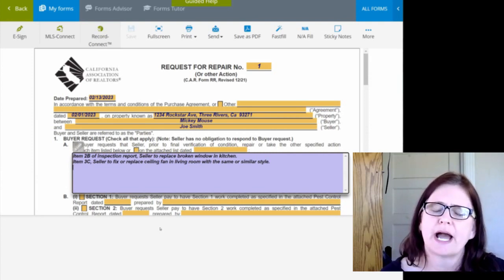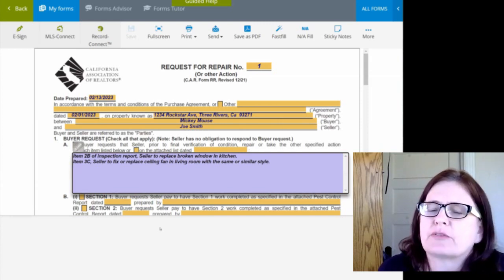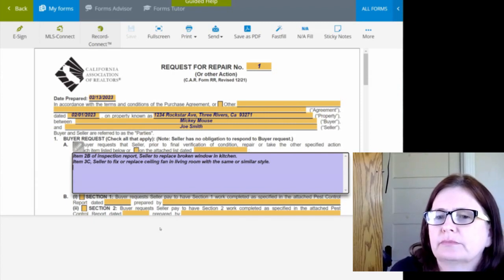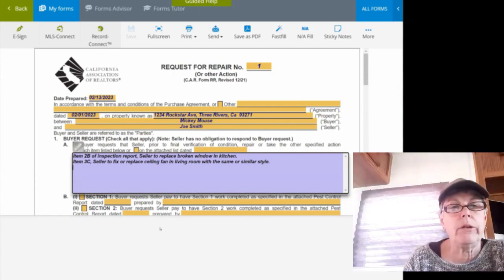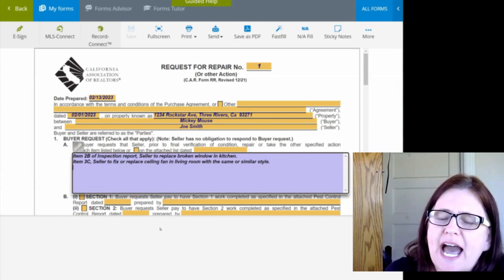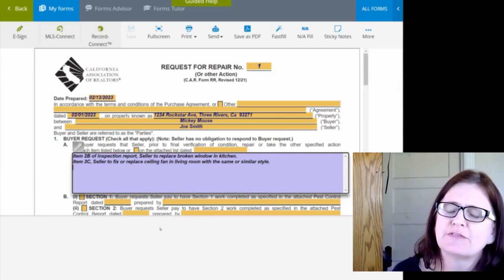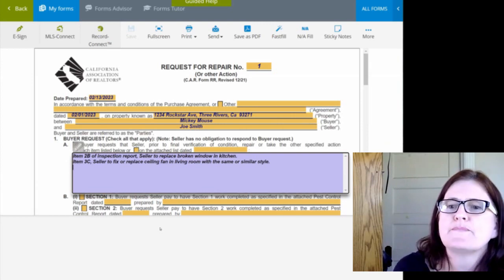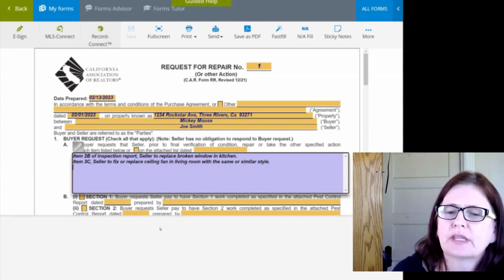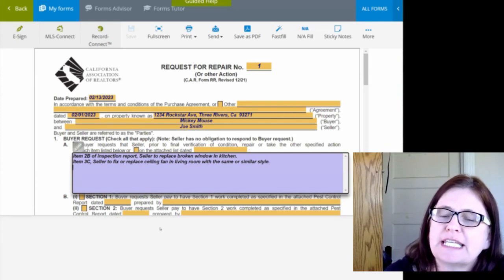What recourse does the buyer have at that point, when now it's a $12,000 repair after we've closed escrow? Probably none. So that's the risk with asking for a credit: if it ends up being different than what the quote was, you're out of luck. So just keep that in mind.